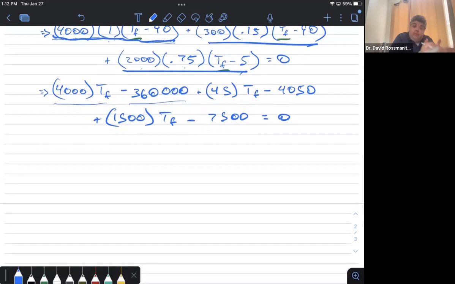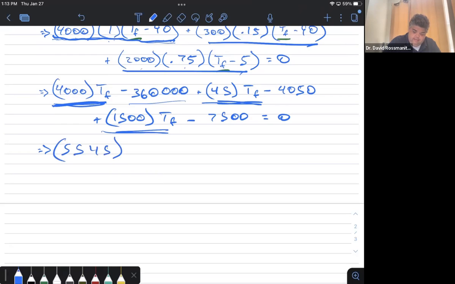All right. So once we're at this point, the rest is fairly easy. Collect all the things with TF. So what do we have? We have 4,000 TF, 45 TF, and 1,500 TF. So add them all together. 4,000 plus 1,500 is 5,500, plus 45 is 5,545 times TF.